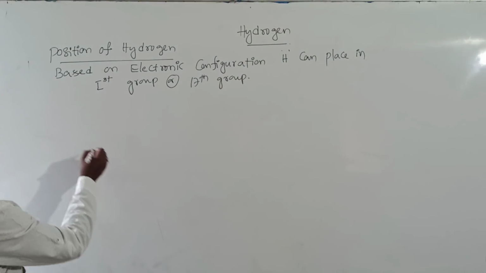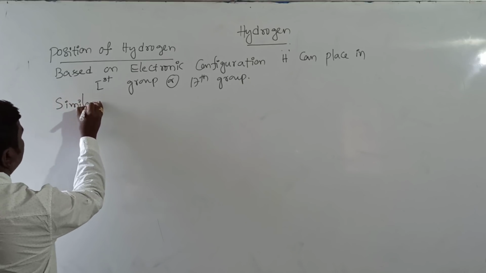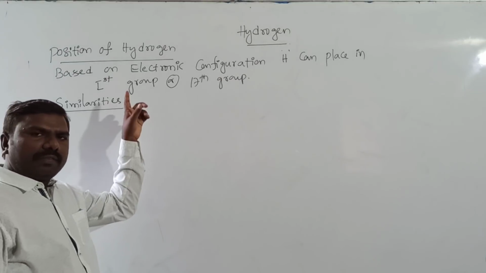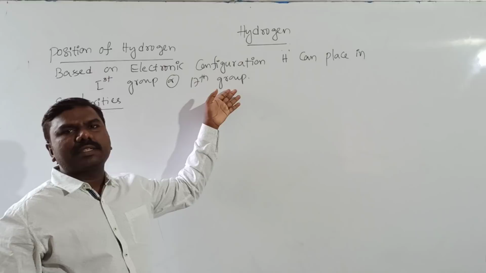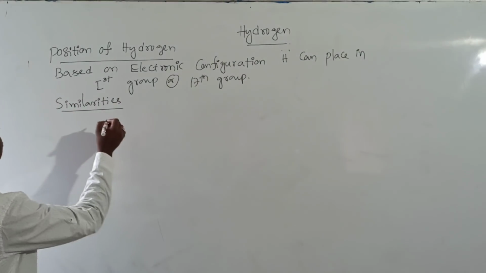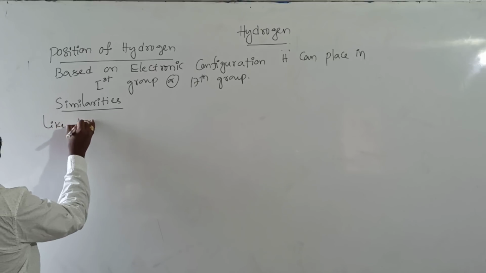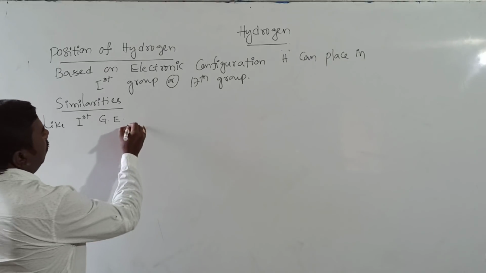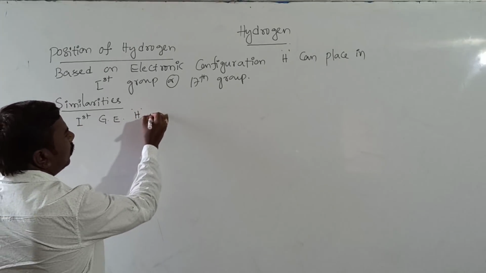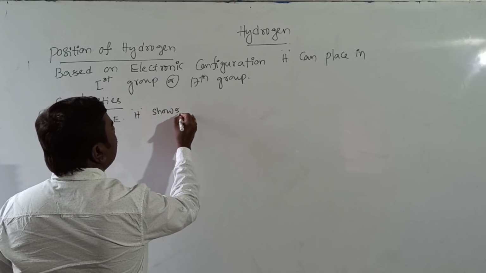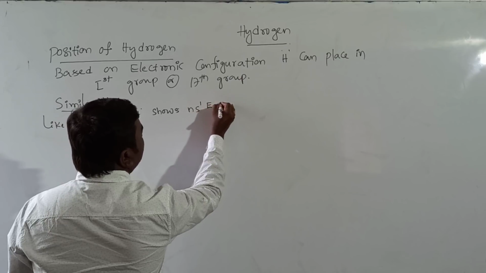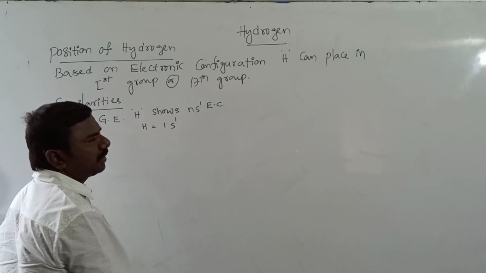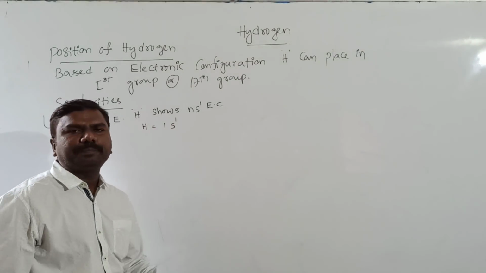We discuss similarities with first group, similarities with 17th group. Now, like first group elements, hydrogen shows ns1 electronic configuration. ns1 means hydrogen configuration is 1s1, where n equal to 1.